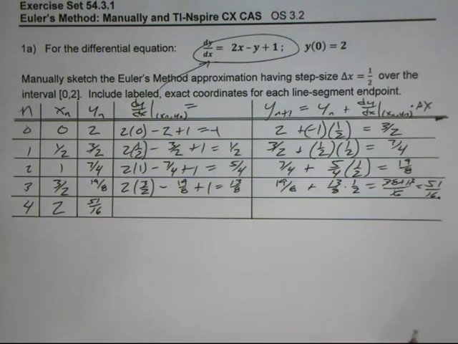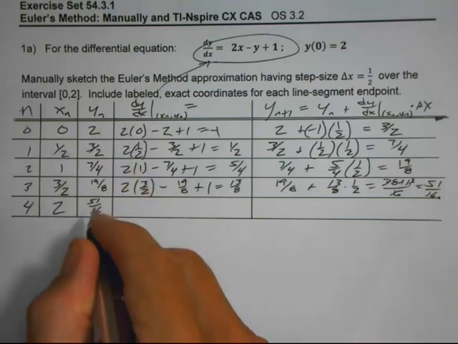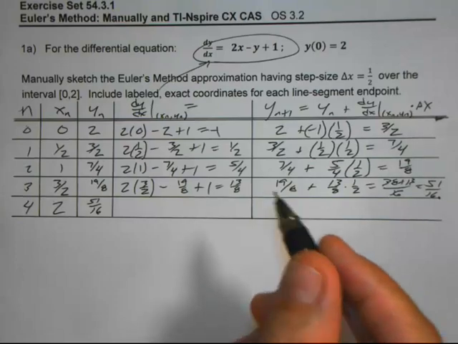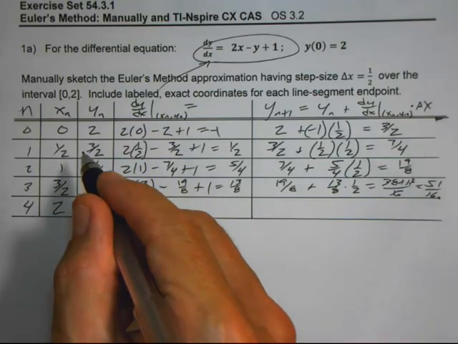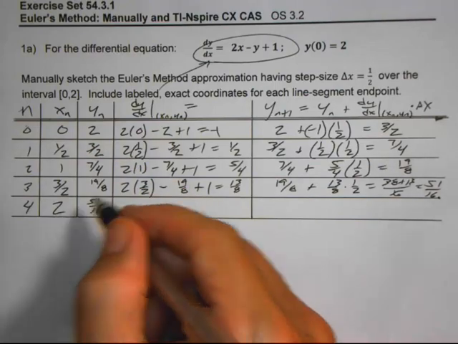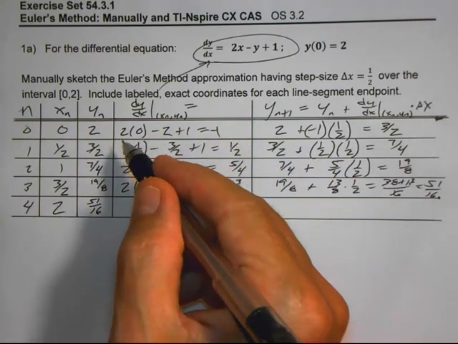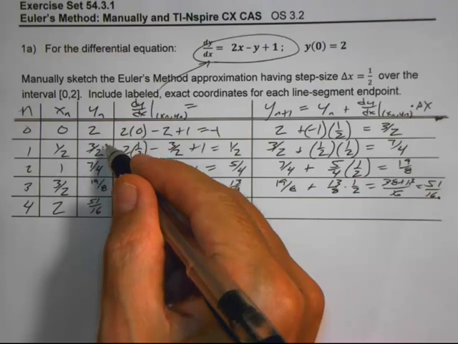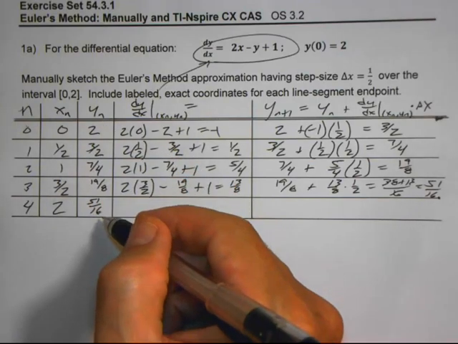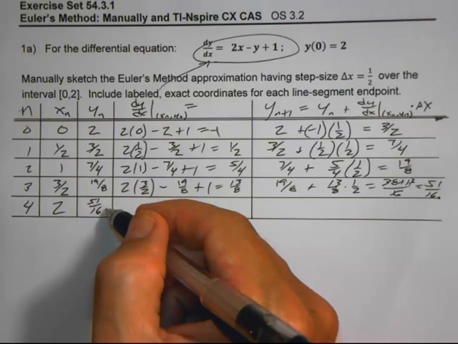Okay, well, we have these endpoints of all the line segments ready to put together our graph. Let's see what kind of coordinate system we need here. X is going from 0 to 2. The y's range from 3/2, so I'll say 0 up to a little more than 3, 0 to 4.